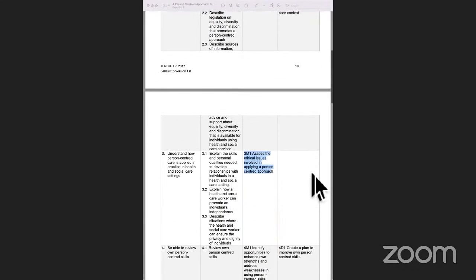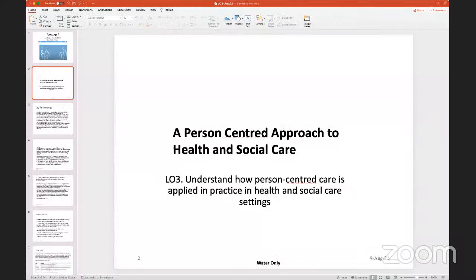Now, in the 3rd learning outcome, in short, we are going to be discussing how this is applied. So we are going to be going into the details of how this approach is applied. So not looking at it theoretically, but picking up a few principles of the PCA approach and then applying them to certain assessment criteria.